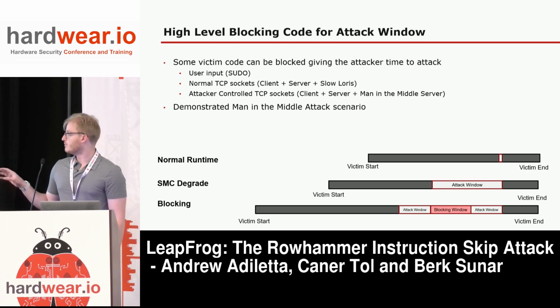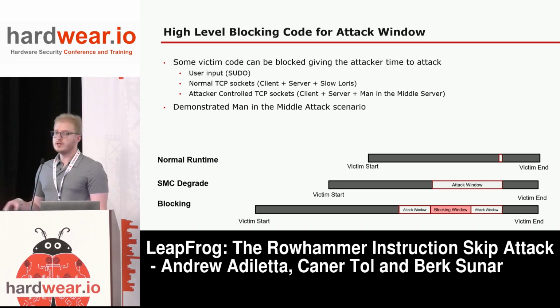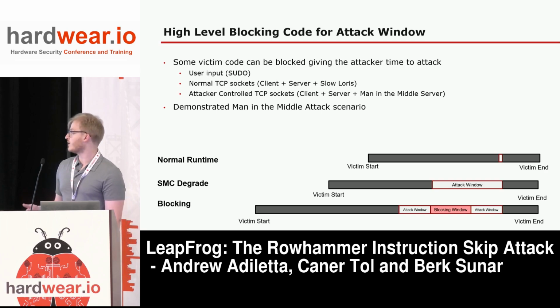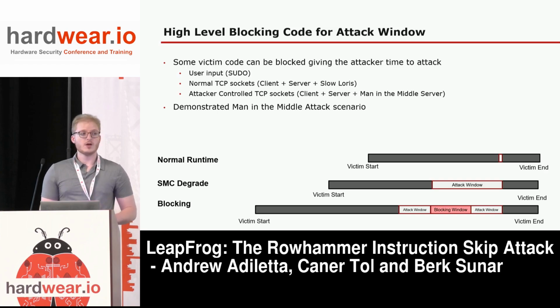To talk a little more about that attack window concept: normally, when you run a process like sudo, your attack window is the entire function that's called before it returns, and you're trying to hit that program counter. Functions get executed pretty quickly, so the time window you have to inject the fault is pretty small.